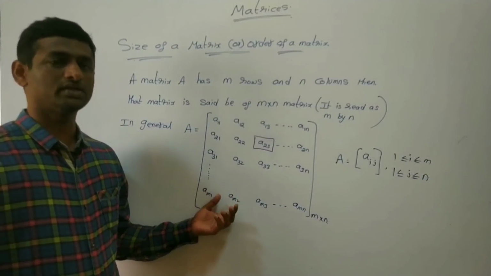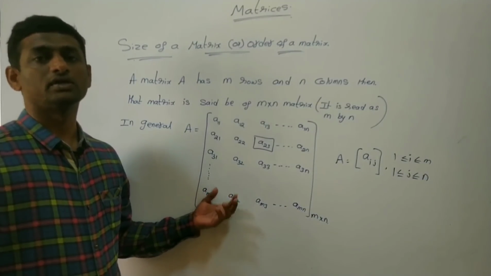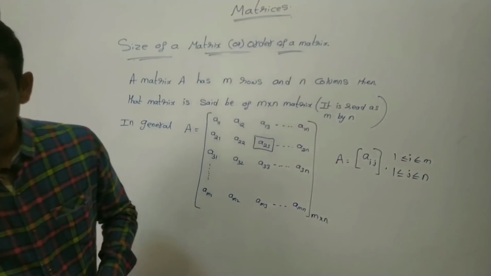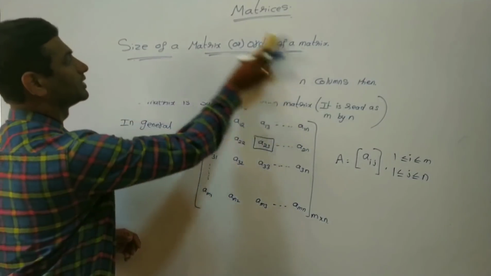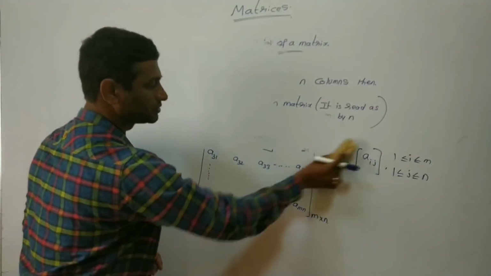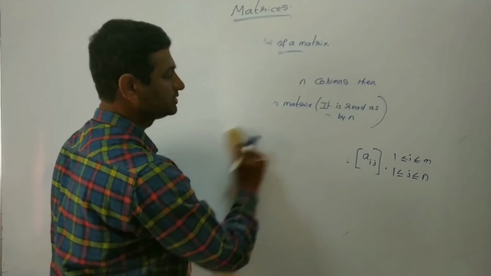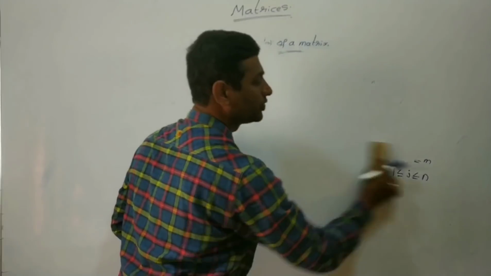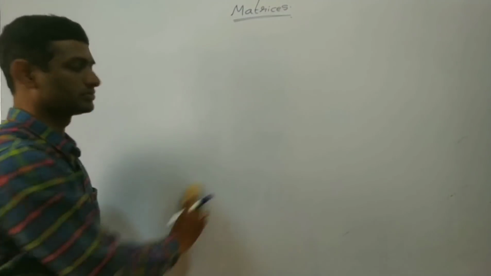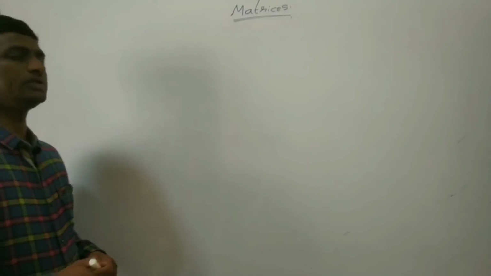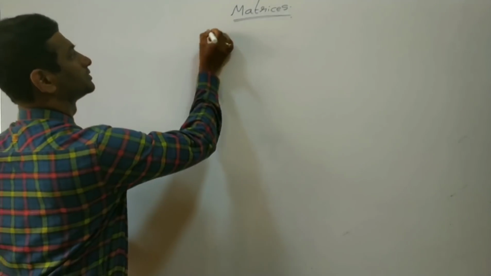Now, based on that, we can have types of matrices. So now we'll see the types of matrices. And this matrix topic is very easy and it's a scoring subject also. Now coming to the types of matrices.